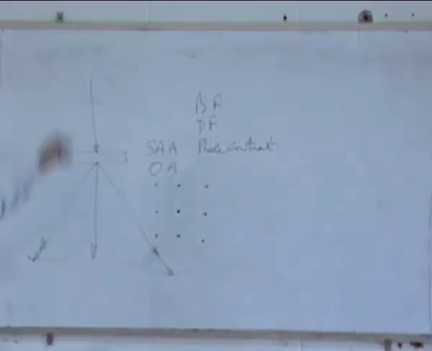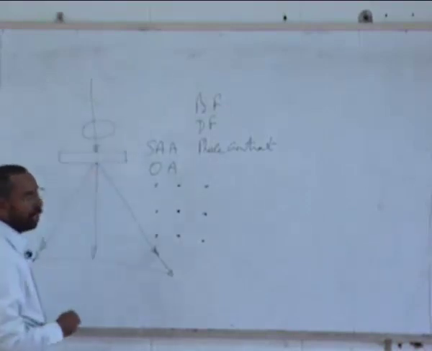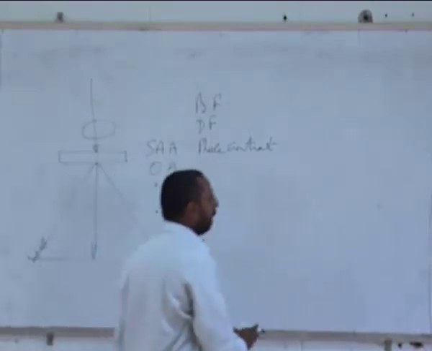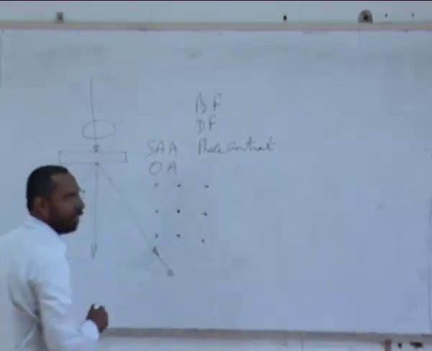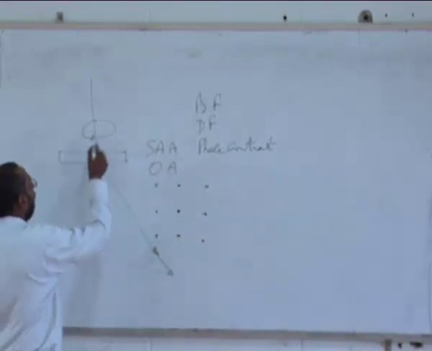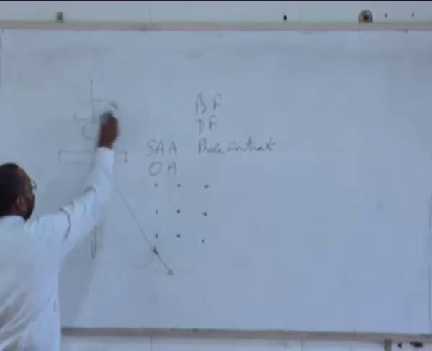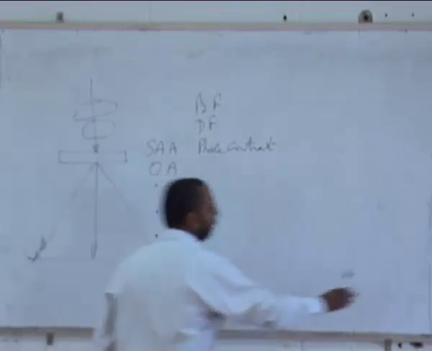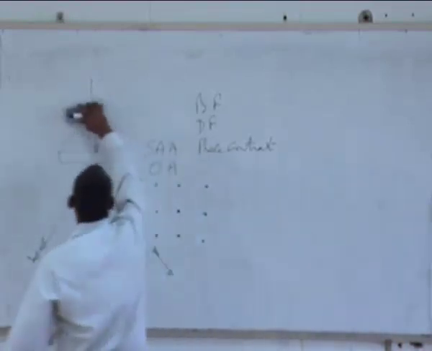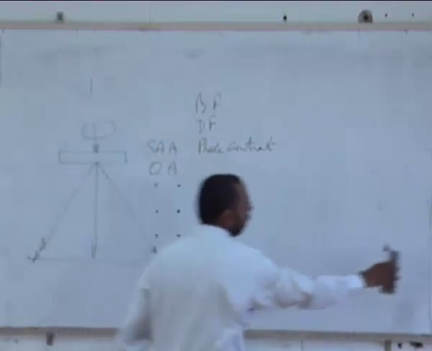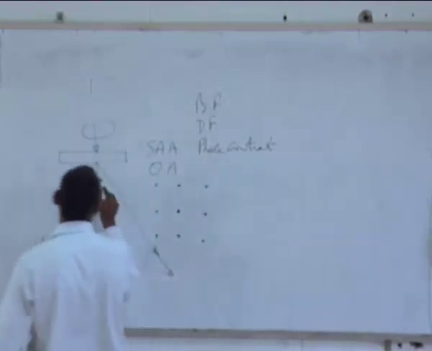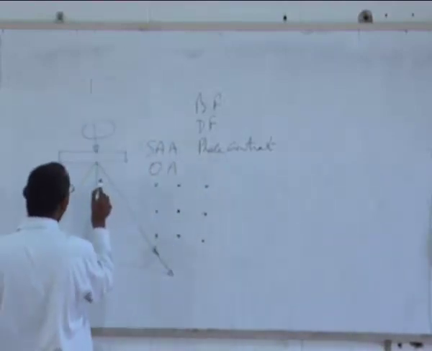That means in the path of the beam, certain apertures are kept. The objective aperture obviously will not be on top, it will be at the bottom, and the selected area aperture will be on the top.